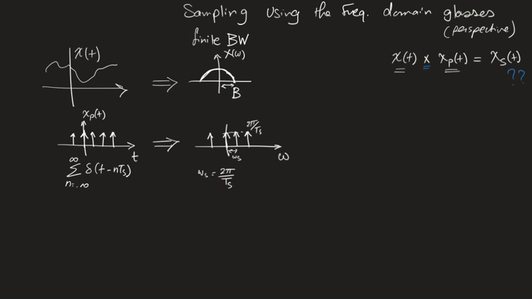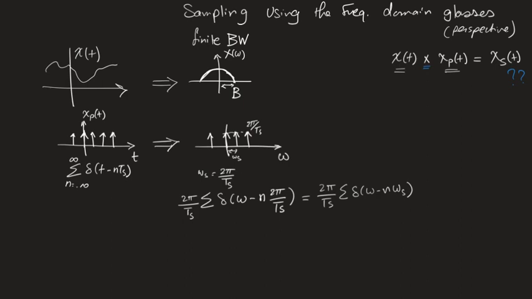So if you want to write this in frequency domain, it becomes 2 pi over Ts multiplied by the summation of deltas. Now it's a delta of omega because it's a frequency domain function, and it's omega minus n 2 pi over Ts, which is n omega s. You can write this similarly as 2 pi over Ts multiplied by the summation of delta of omega minus n omega s.